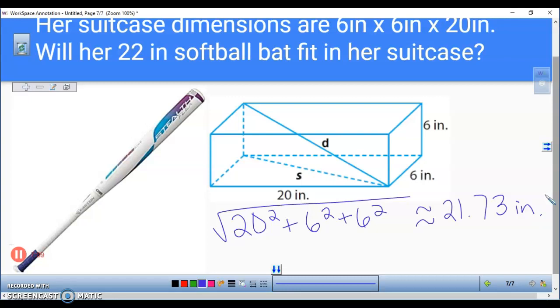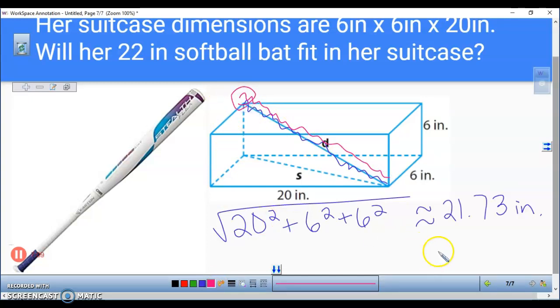We need to know, will that fit? Now, a lot of people will miss this because they will take 21.7, round it up to 22, and say, yes, the bat will fit. But think about it. If that length diagonally is only 21.73, her bat is 22, it's going to hang over the edge, and it will not fit in her suitcase.